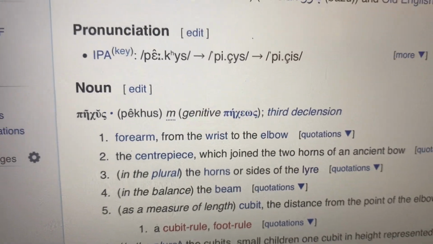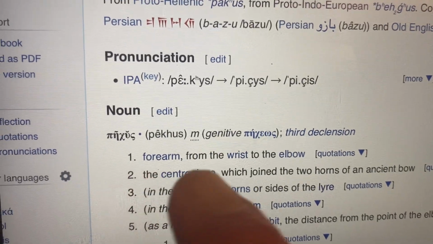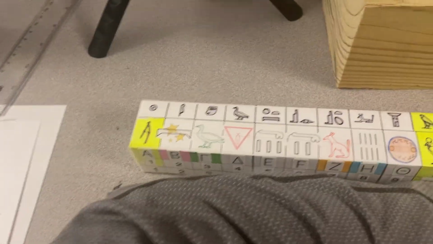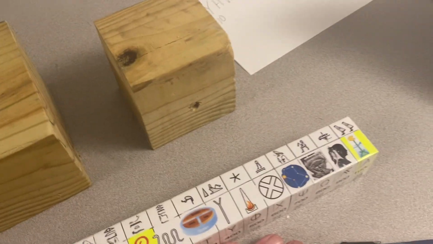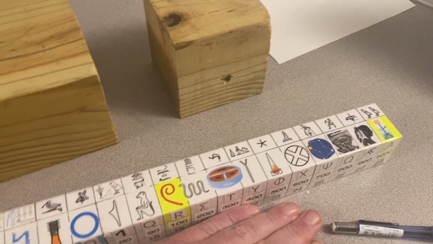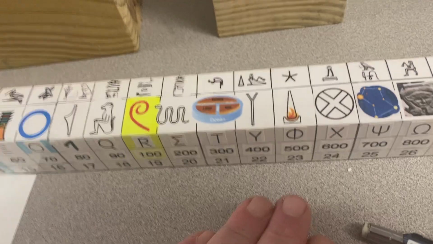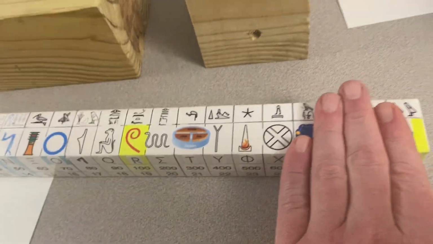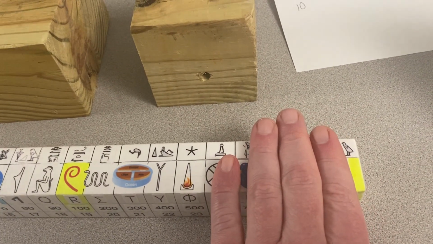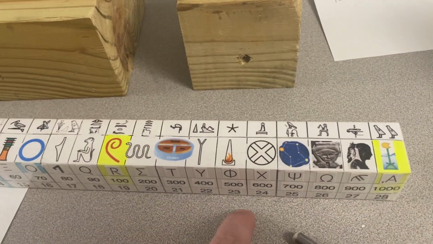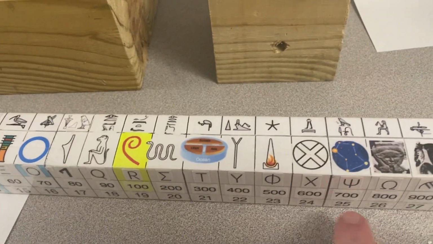And it's the distance from your forearm to the elbow. So for me, I put my elbow, and it goes down 24 digits. This is what's called the standard cubit. And it stops at 24. Now, if I add 4 more digits to this, then I get what's called the Pharaoh's arm, and we get 28. This is called the royal cubit, whereas this is called the standard cubit, 24.